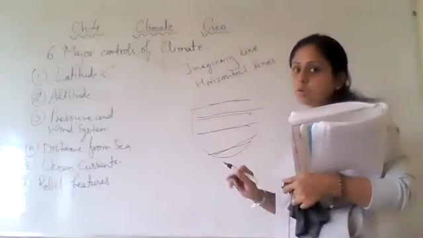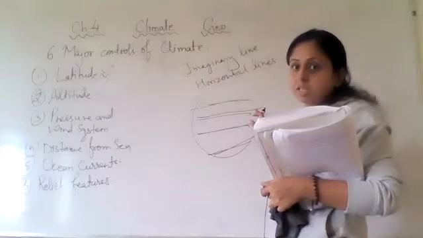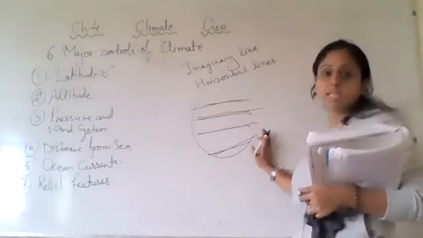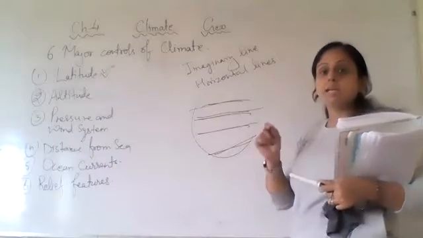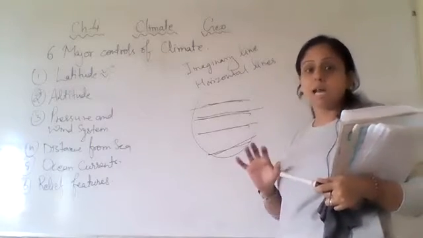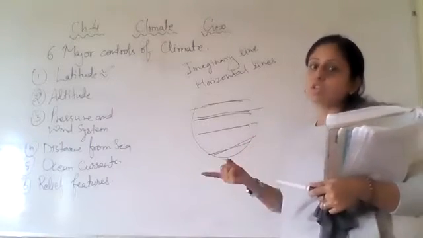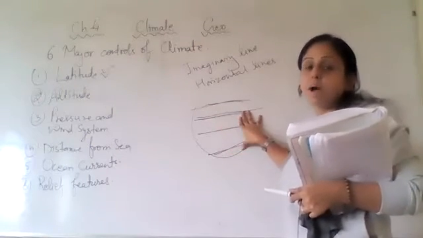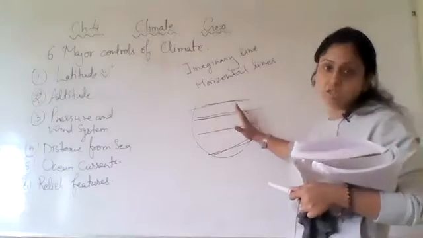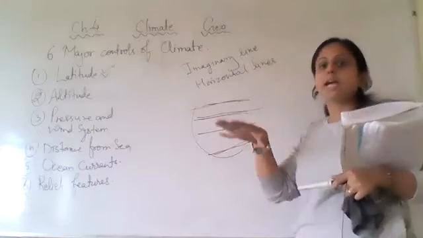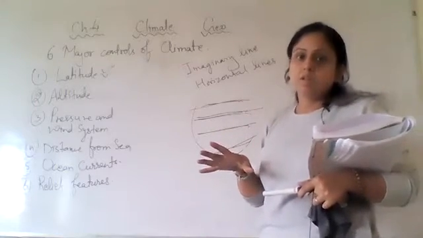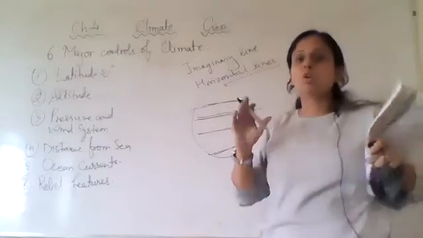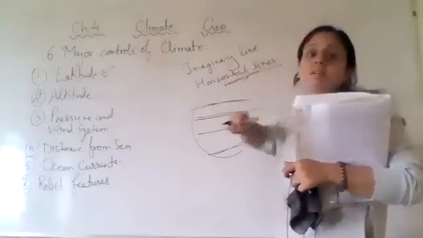Longitudes do not have any control on the climate; that also we will discuss. Imaginary means calculated. They are not actually on the Earth, but they are made on the Earth by us so that we can exactly locate places. So the horizontal lines are the latitudes.